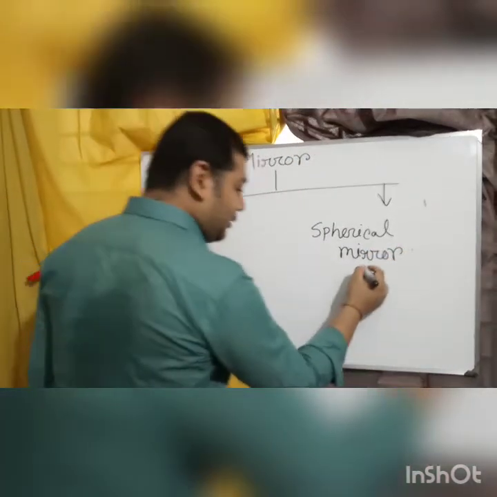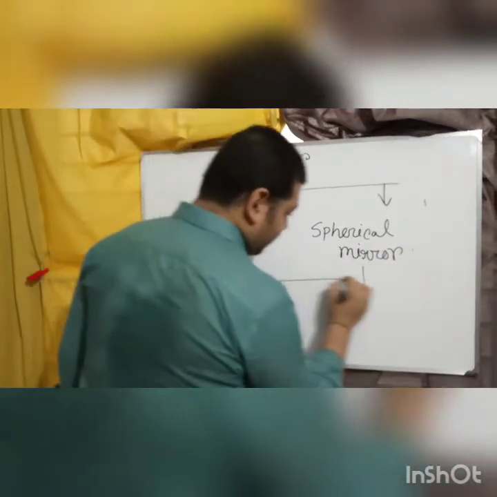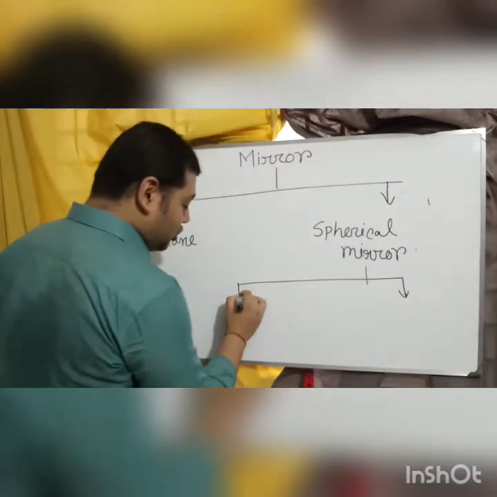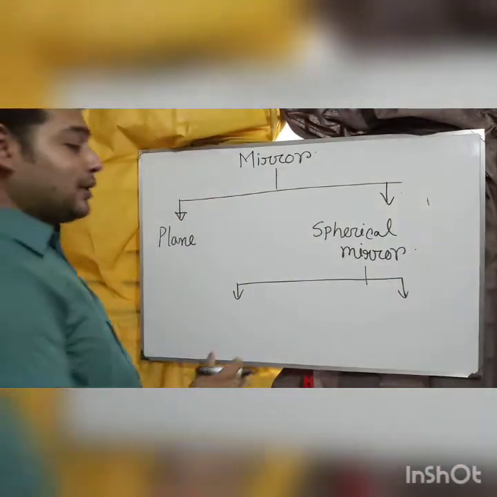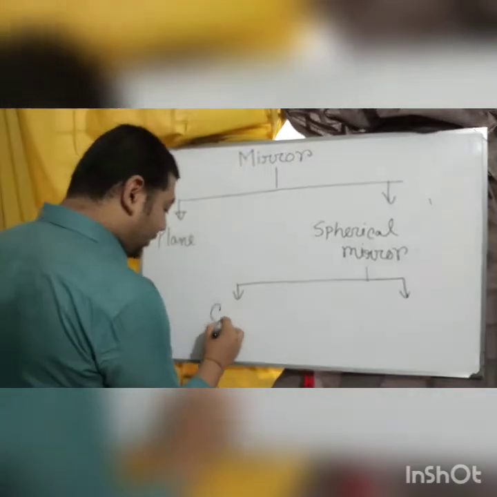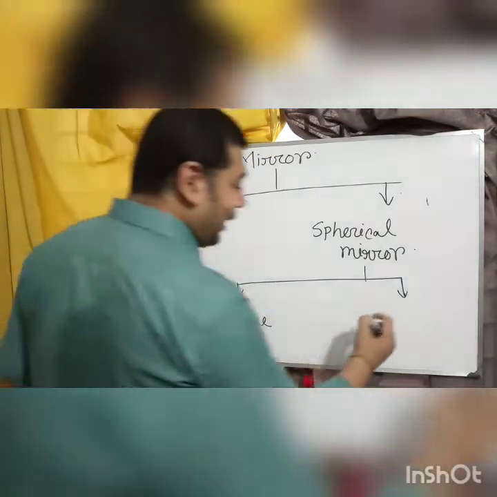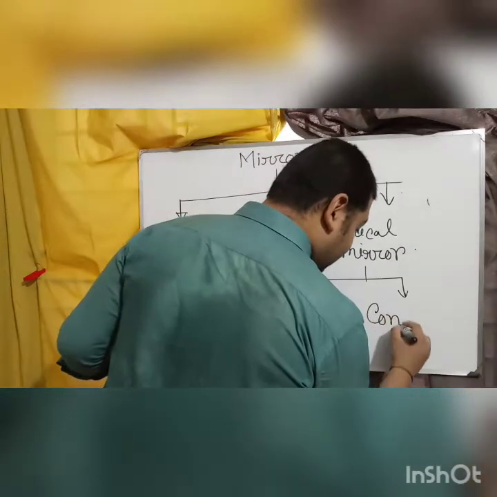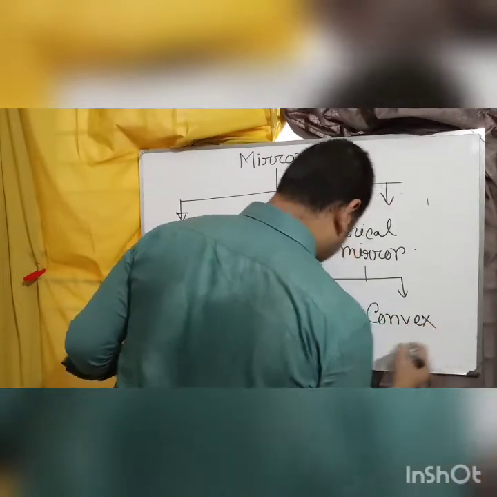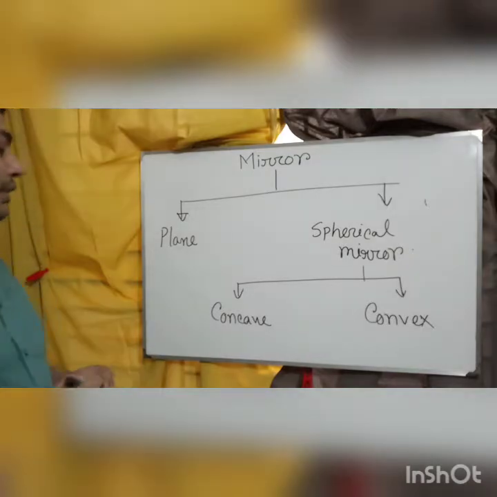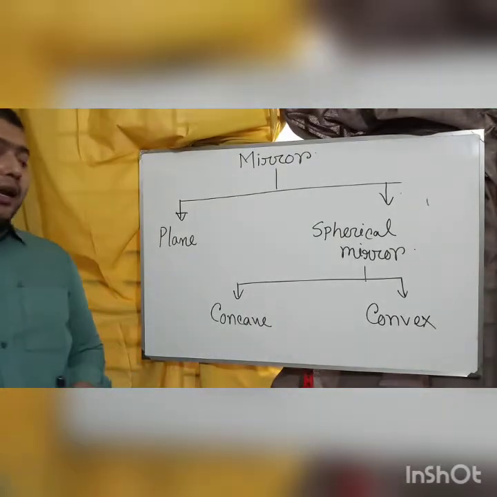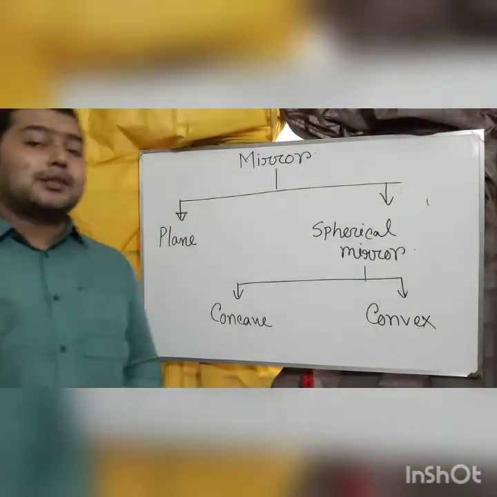And we have two types of spherical mirror. One is concave mirror, and another is convex mirror.